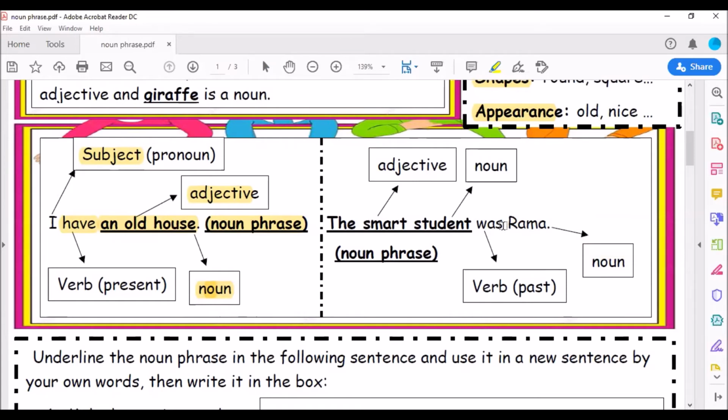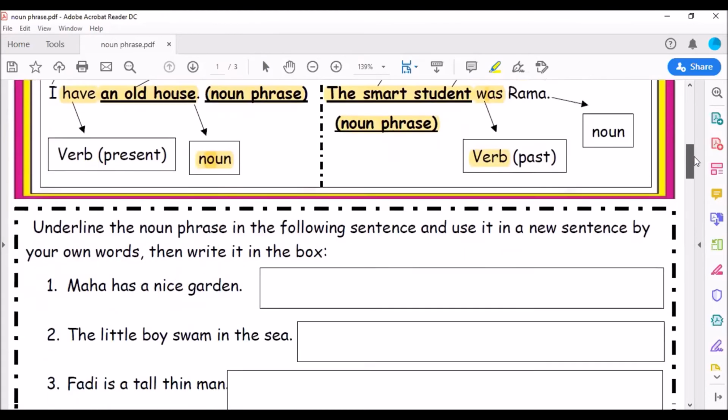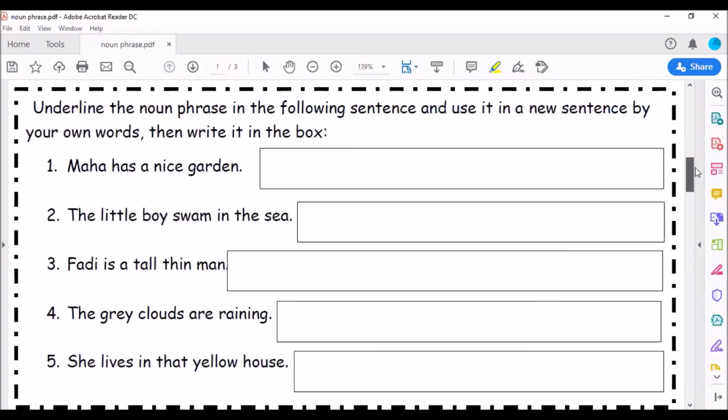So it's gonna be much easier for you, okay? So was is a verb, done. So I'm gonna have a subject here. So the smart student is a subject, and this is not only a subject, this is also a noun phrase. So smart is an adjective, student is a noun. Done?